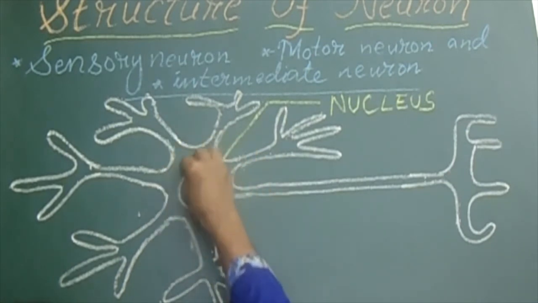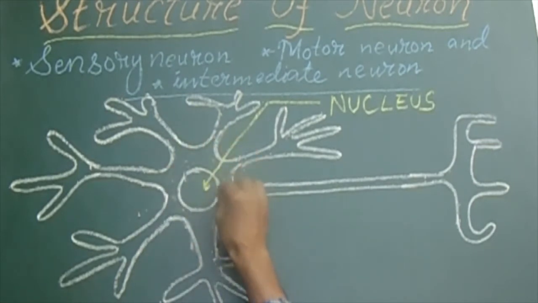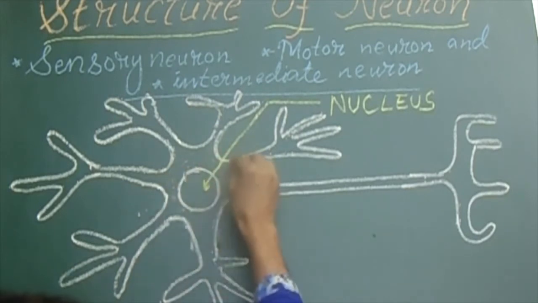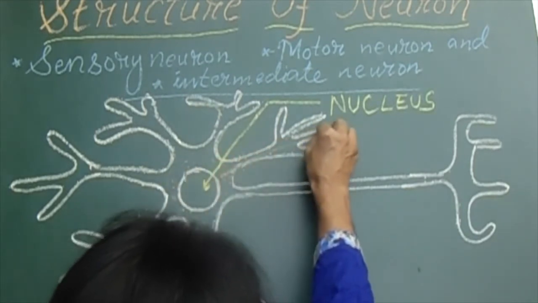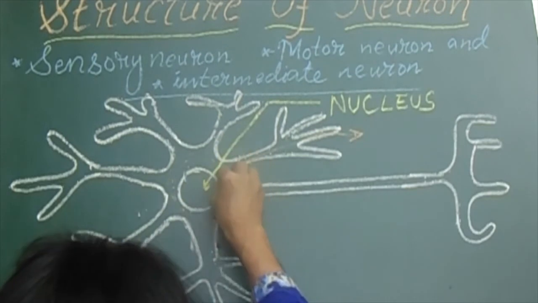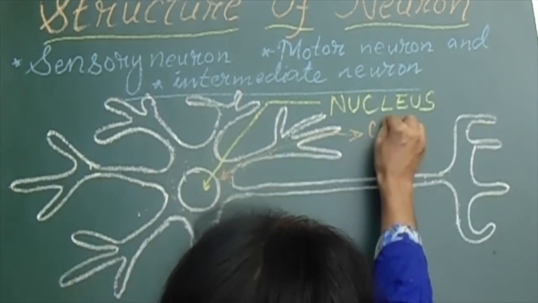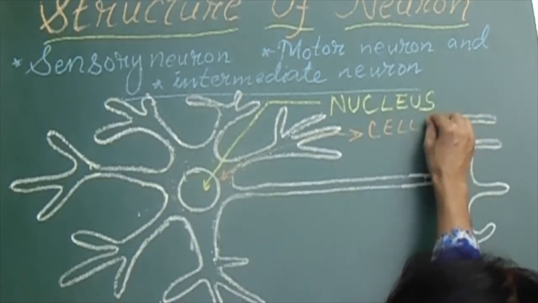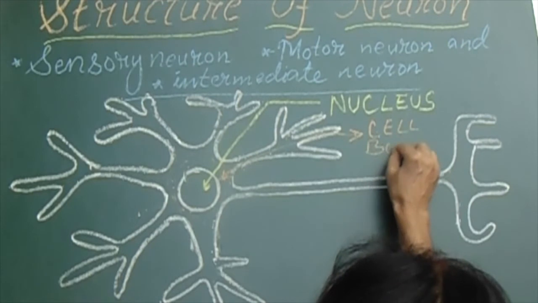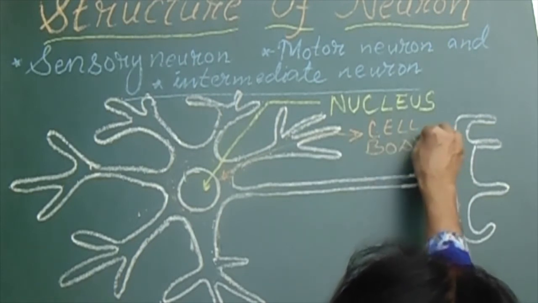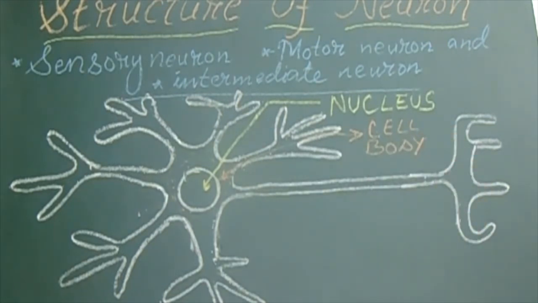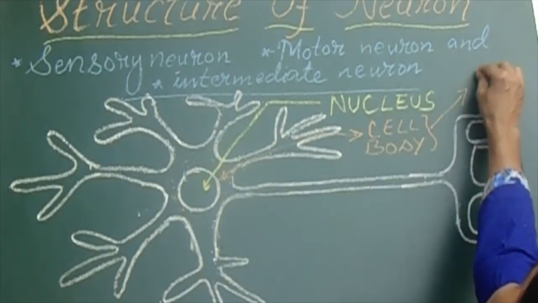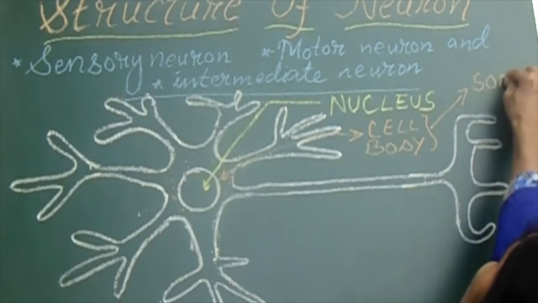This empty space which is present here, we call it as cell body. Cell body is also known as soma.